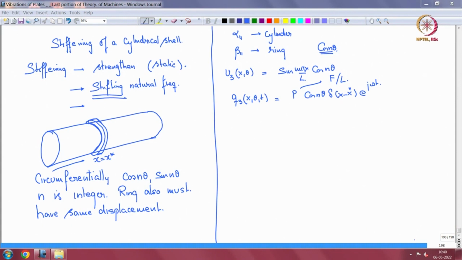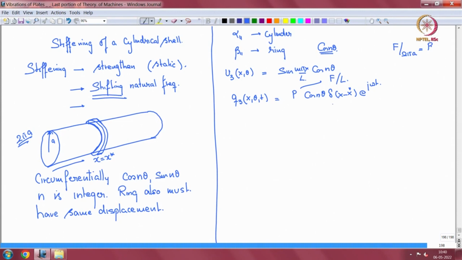So if A happens to be the radius, then twice pi A is the circumferential length. So the total force, whatever it may be, divided by twice pi A is P, this is force per unit length.